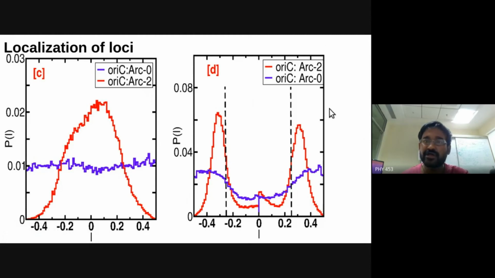Similarly, for the replicated chromosome case, we have two ODCs which get localized to the quarters, while ARC0, which is just a ring polymer, doesn't show any localization pattern again. So ARC2 successfully localizes these loci, and this is true for other loci as well. But the question is, why and how does this happen?